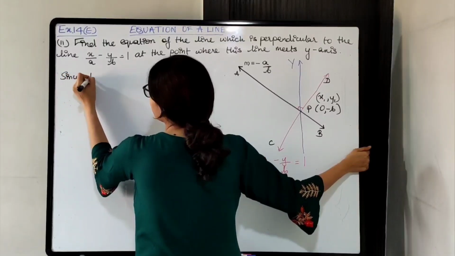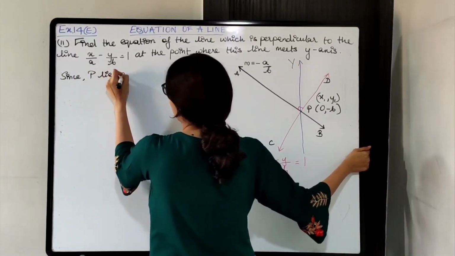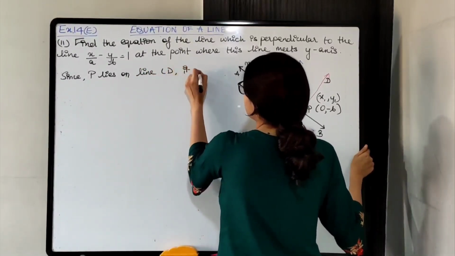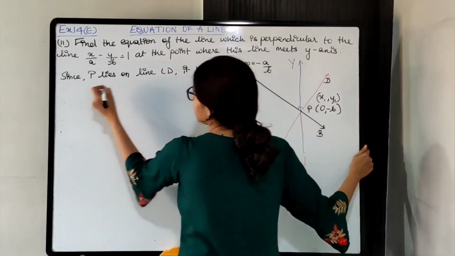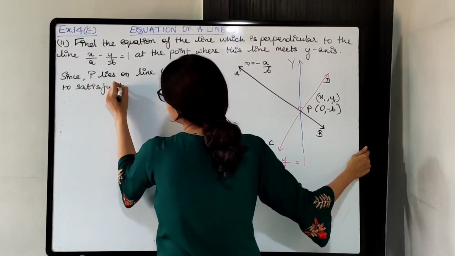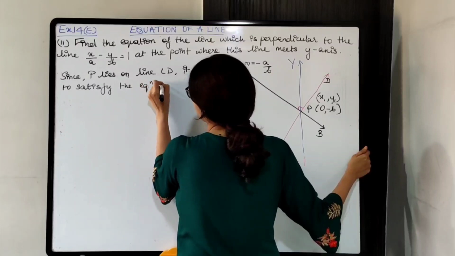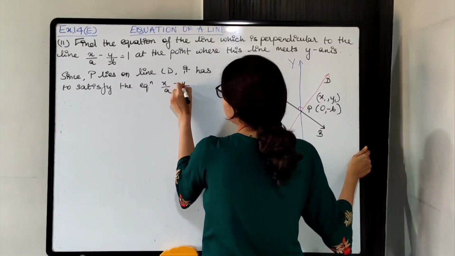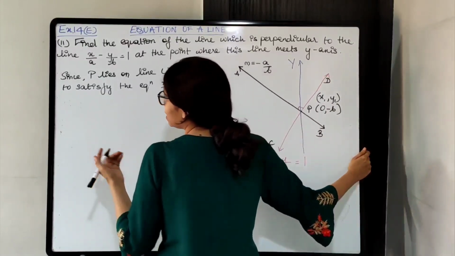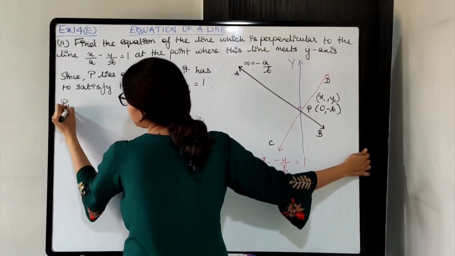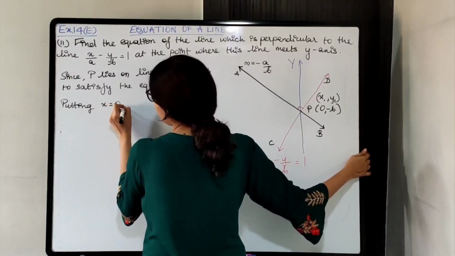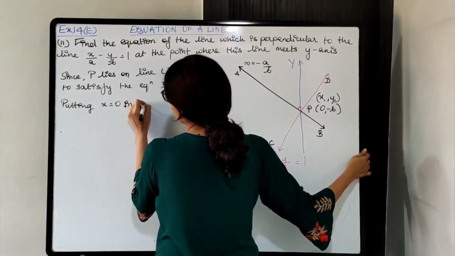Since P lies on line CD, it has to satisfy the equation, which is x upon a minus y upon b equals to 1. What are the coordinates of P? 0, y. So putting x equal to 0 in the equation.